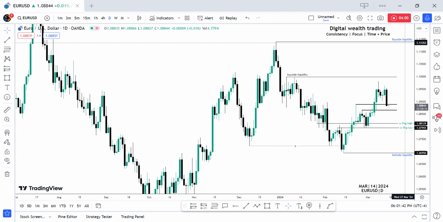Now what I'm saying is that the current price delivery for today is giving us the confirmation that the algorithm is actually giving us an opportunity to engage at a low discount price. Now, many traders say that trading is a game of probability.